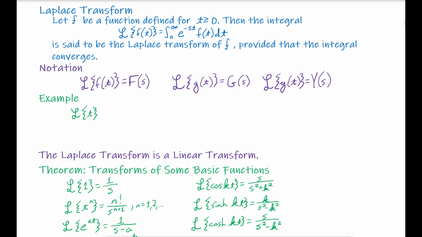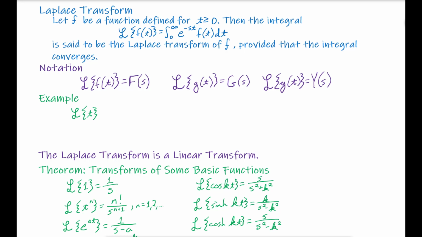We're going to let f be a function defined for t greater than or equal to 0. Then the integral from 0 to infinity of e to the negative st f of t dt is the Laplace transform of f of t.